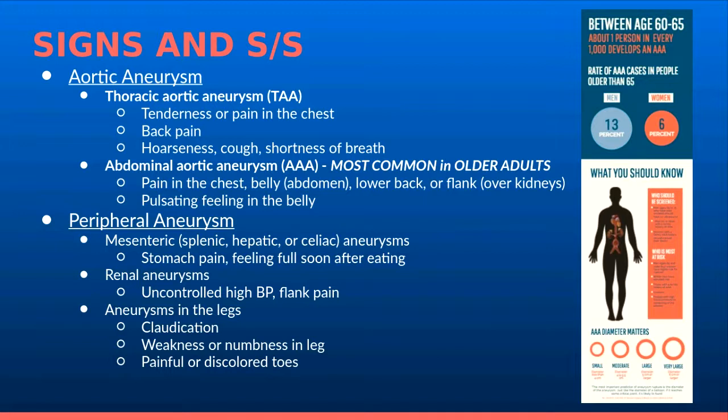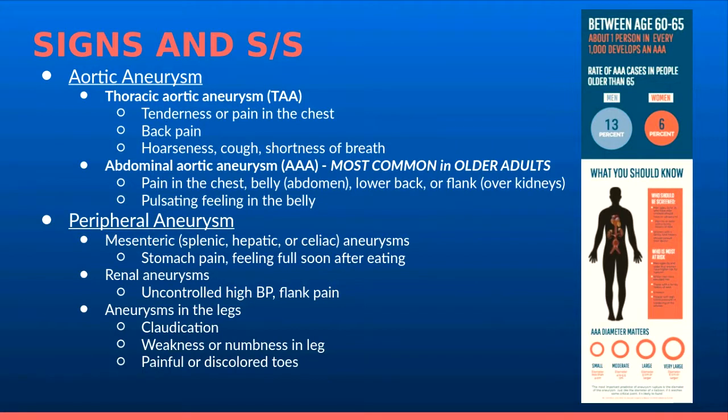And abdominal aortic aneurysm, AAA, is actually the more common one we see in older adults. The signs and symptoms include pain in the chest, abdomen, lower back, or flank, and we may also see a pulsating mass when you palpate over the abdomen.